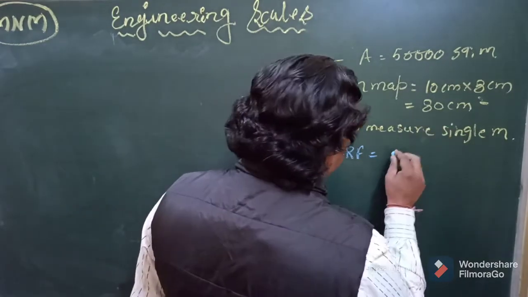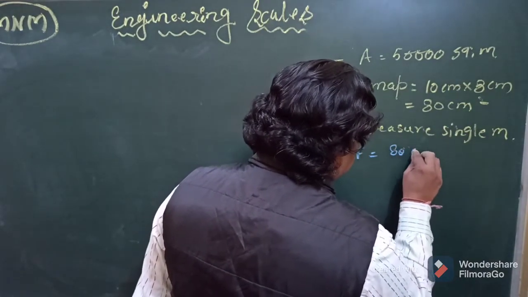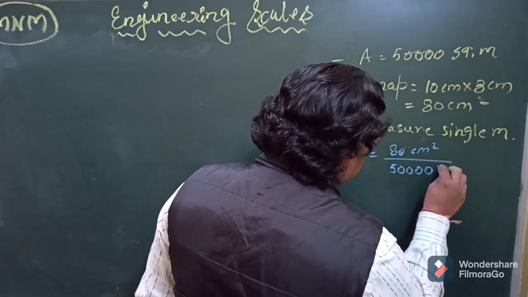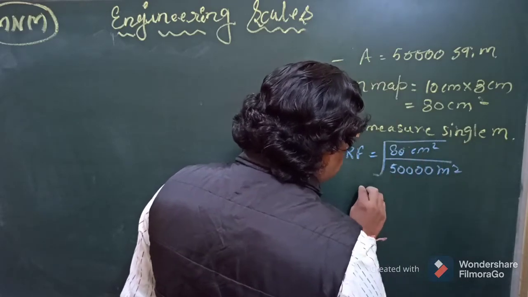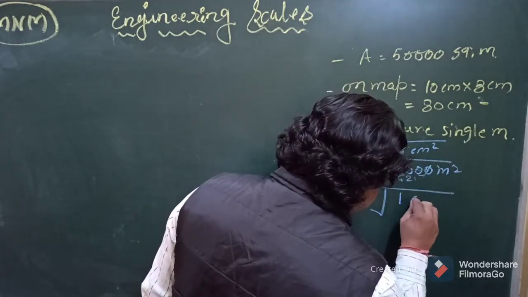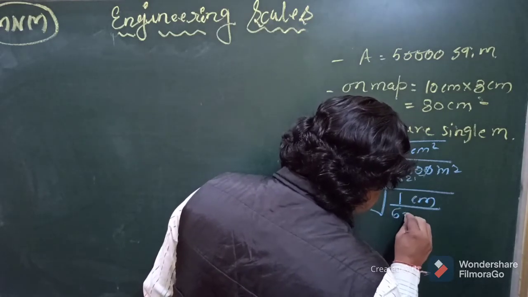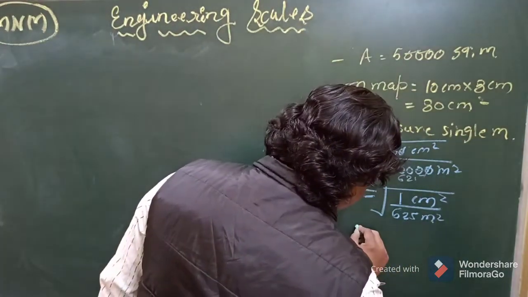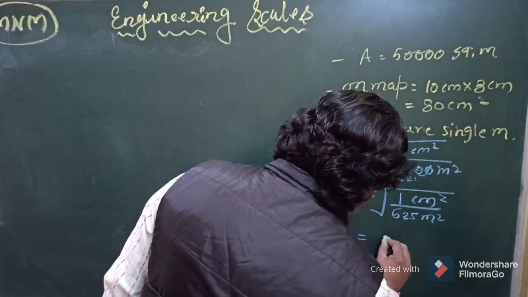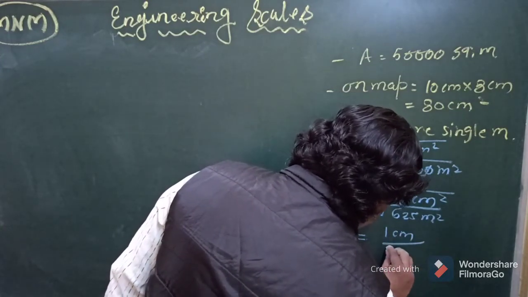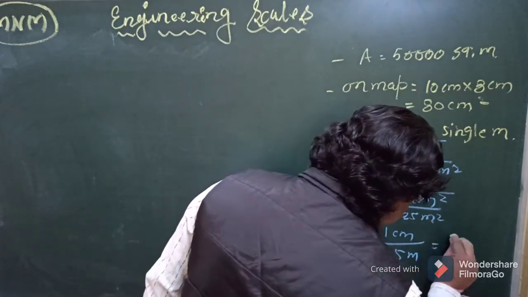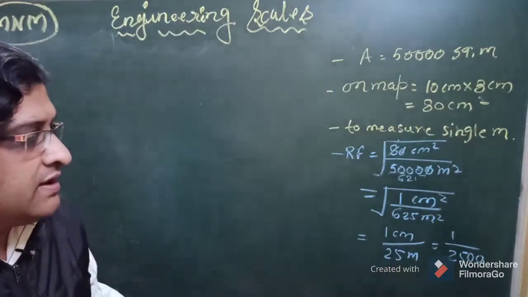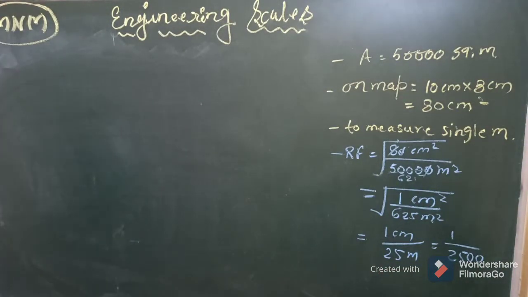RF will be given by 80 centimeter square divided by 50,000 meter square, so 1 centimeter square divided by 625 meter square, or we can write 1 centimeter divided by 25 meter, which is equal to 1 by 2500, because 1 meter is equal to 100 centimeter. So in this manner we can find out RF.